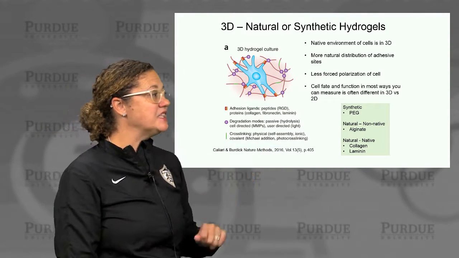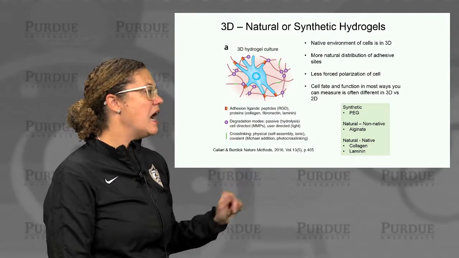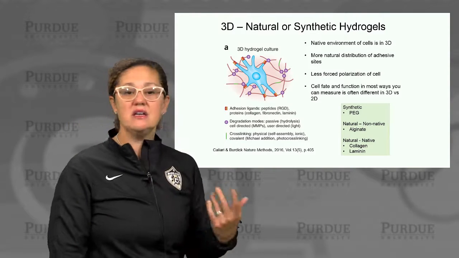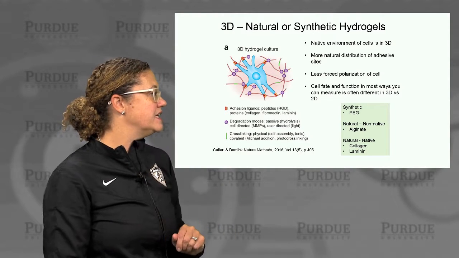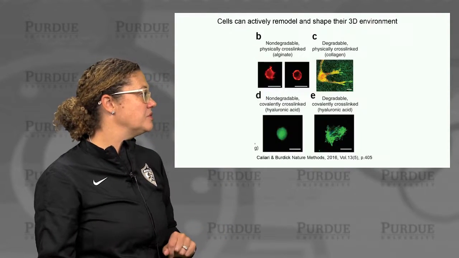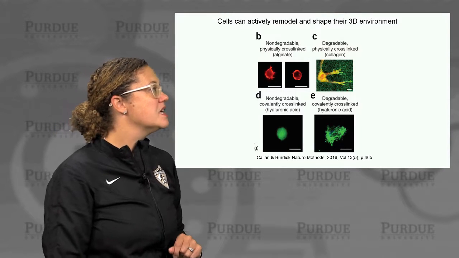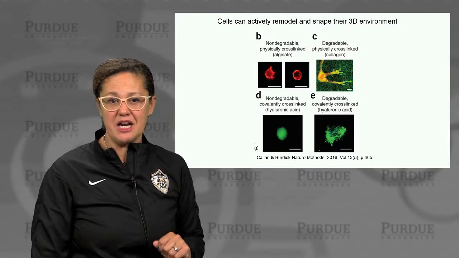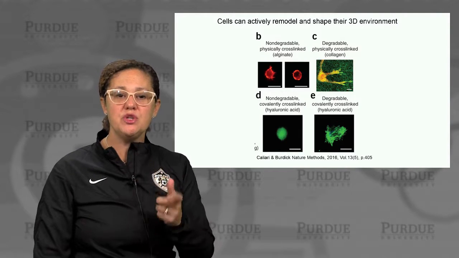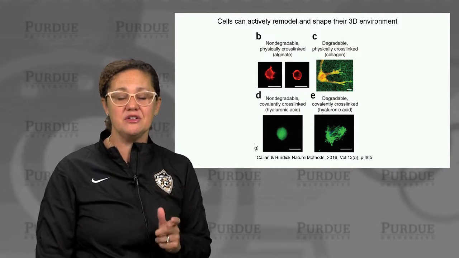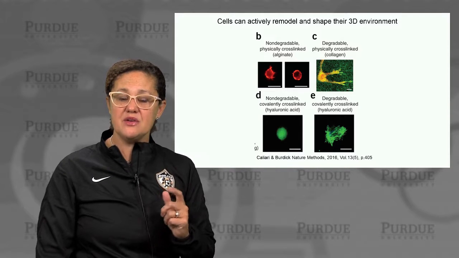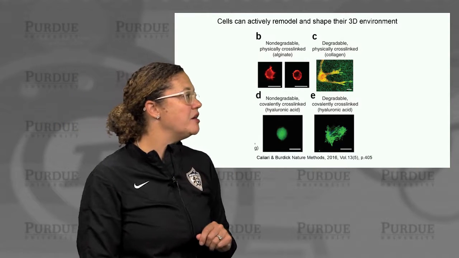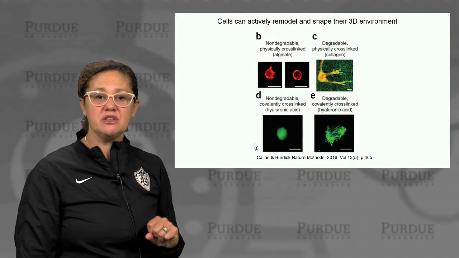And they could be natural and native, such as the collagen and laminin types that we would often see mammalian cells, for example, surrounded by in the body and in natural organisms. Okay? So cells can actively remodel and shape their 3D environment. So again, this is that two-directional communication between cells and the materials that they're surrounded in. And here are some examples now. We put cells in these different three-dimensional environments.